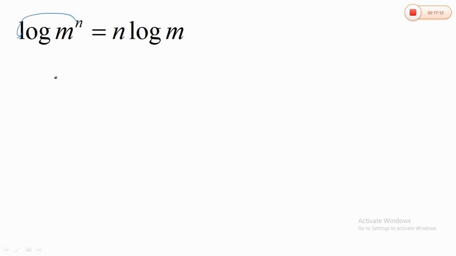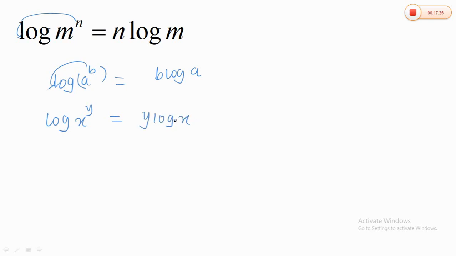So observe, log a raised to b equals, bring this b and multiply b with this one, b log a. Log x raised to y equals y log x.